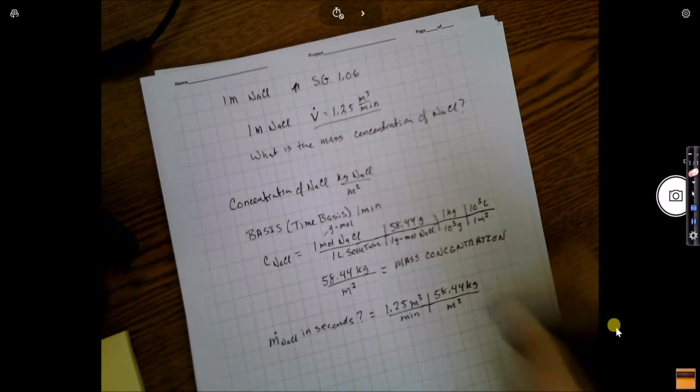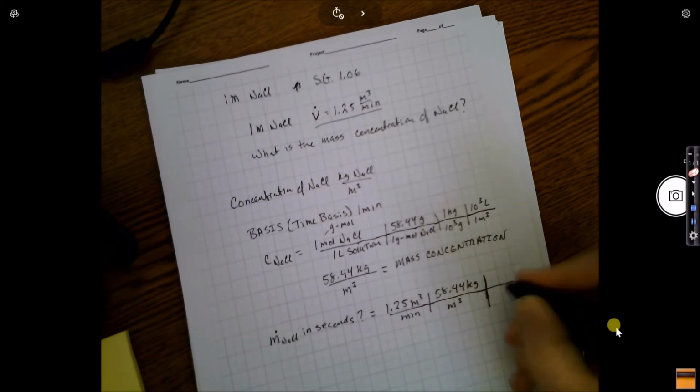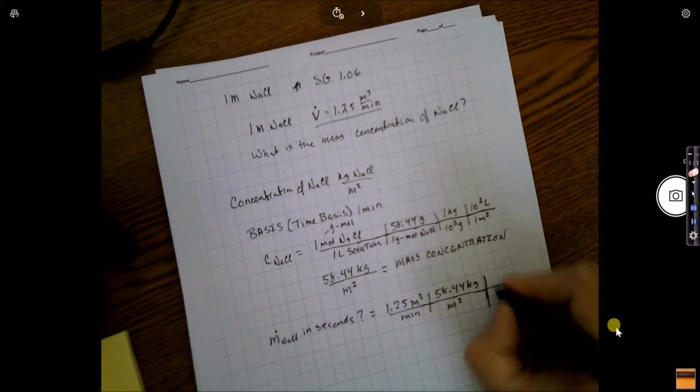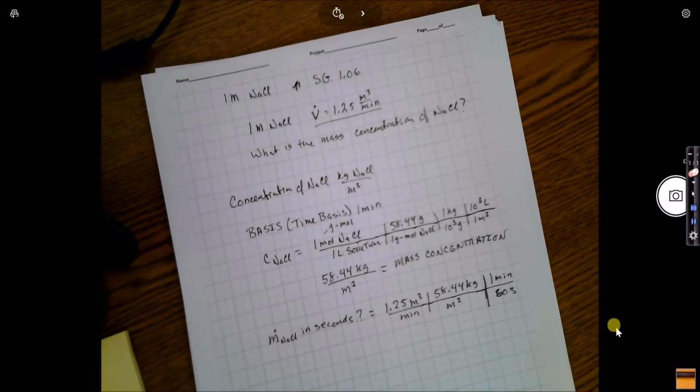Just so it turns out, we want to find this in seconds, and we know we're going per minute, so we'll just do 1 minute over 60 seconds. Are we going to get our mass flow rate?